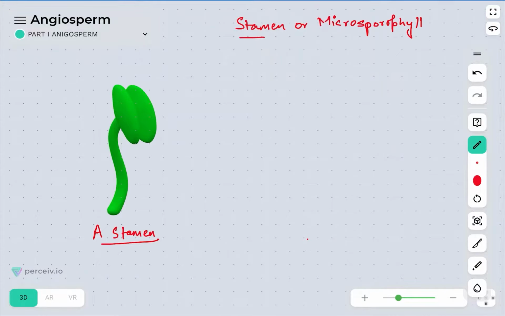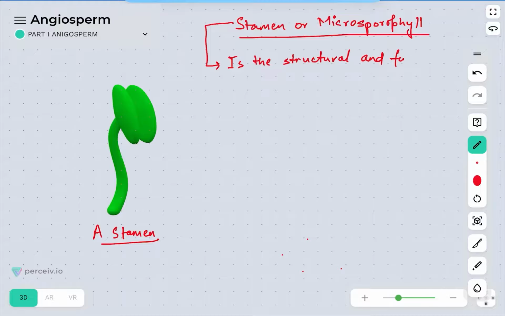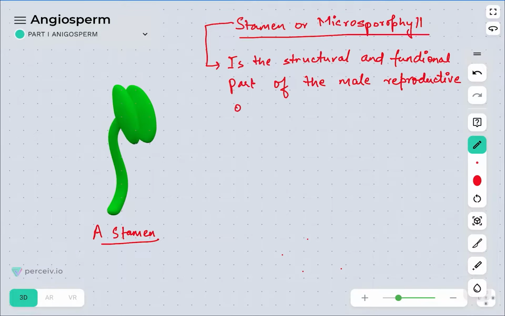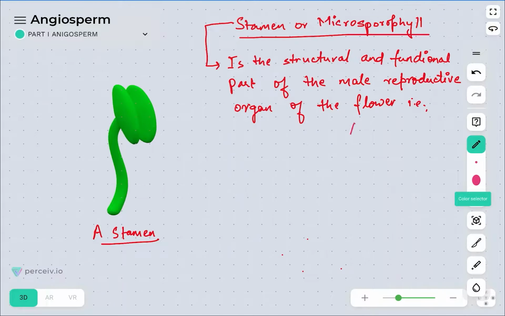Stamen is considered to be the structural and functional part of the male reproductive organ of the flower, which is known by another name, and that is called Androecium.